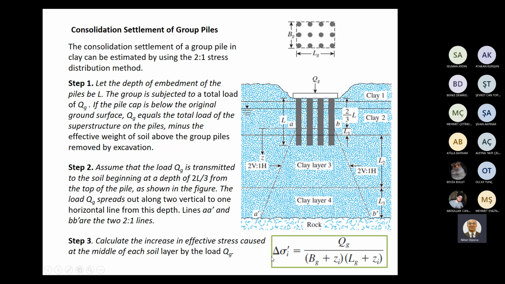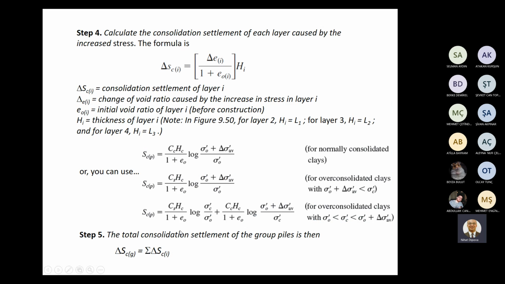After calculating stress increase, delta sigma, in step 4, we will calculate the consolidation settlement of each layer caused by the stress increase for each layer.